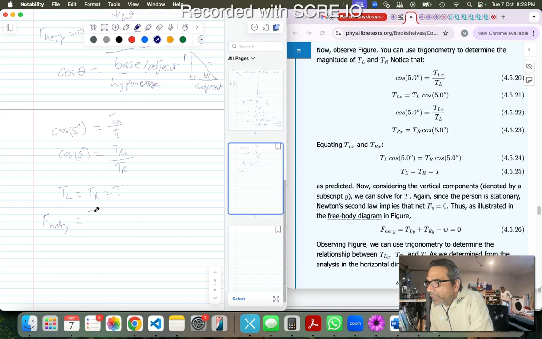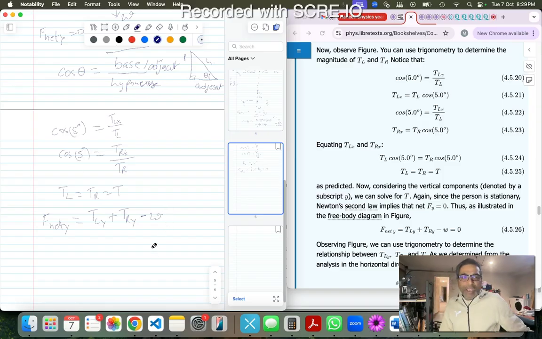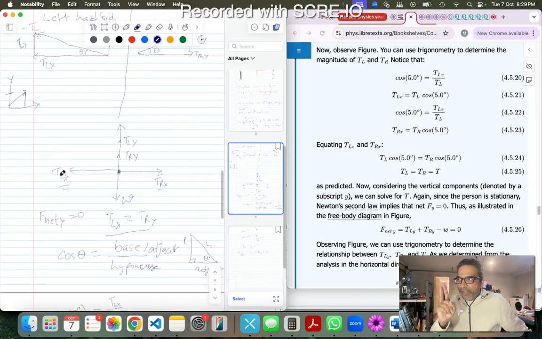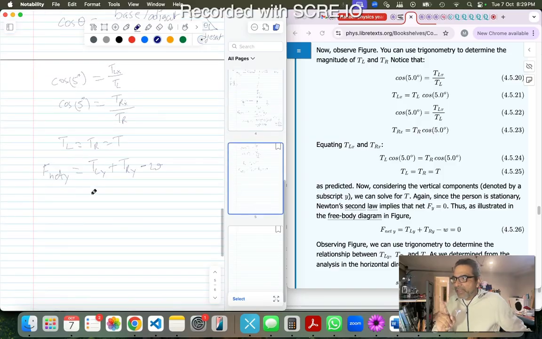That will be TLY plus TRY minus W, because W is downside and both TLY and TRY are upside.